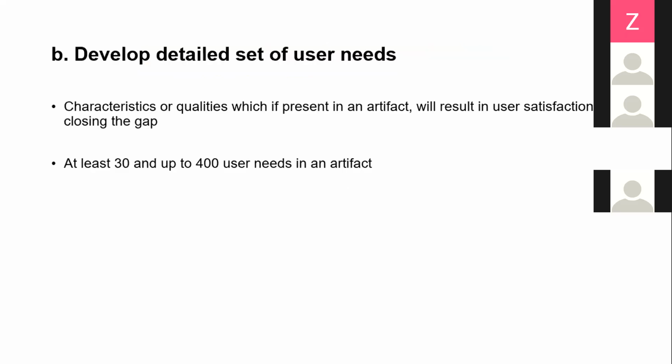So for user needs, at least 30 user needs should be there, and up to 400 depending on the scale of the product. But for any simple product also, up to 30 user needs is a good number, because that can tell us about their needs and wants.